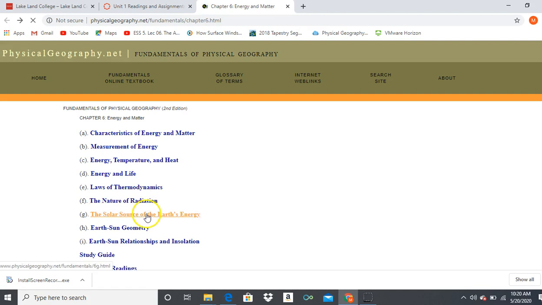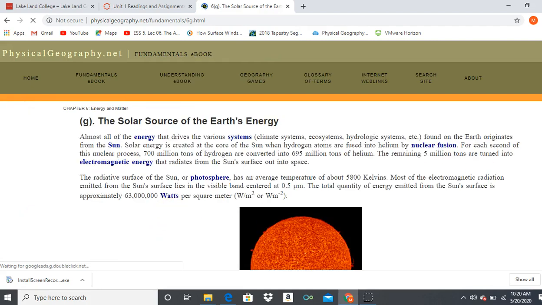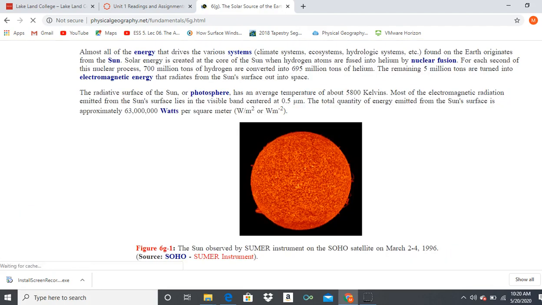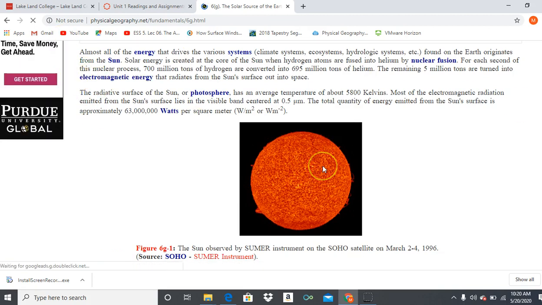the nature of the solar source of Earth's energy. Now, you would think what causes the seasons on the Earth is obviously the electromagnetic energy from our sun. And you would think, well, maybe the Earth gets closer or farther away, and that's what causes the seasons.